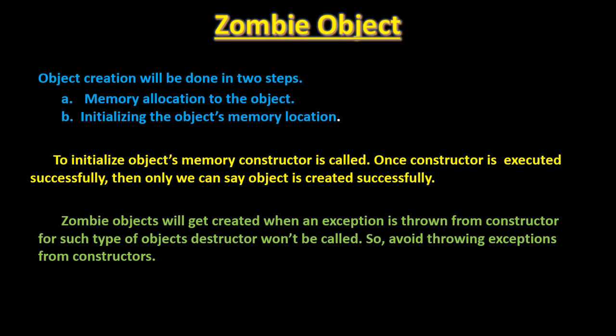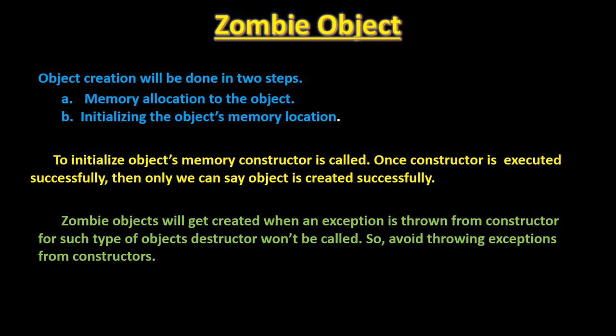No, don't ever throw any exception from the constructor, because object creation won't be successful. If you want, you can have try-catch blocks inside the constructor, but don't ever throw any exception from the constructor to outside.